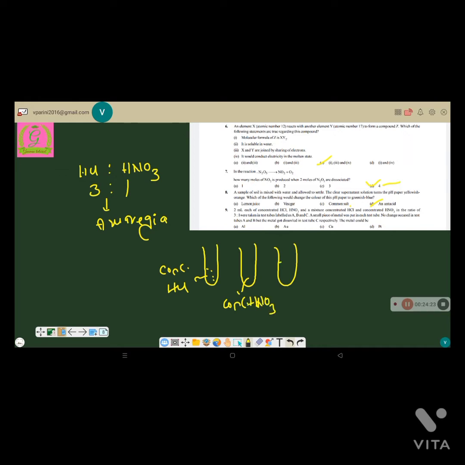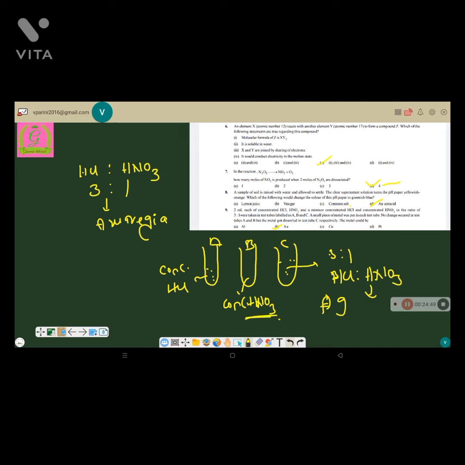In test tube C there is a mixture of 3:1 ratio of concentrated HCl to concentrated HNO3. This is called aqua regia. In aqua regia, gold is dissolved. So the answer is gold. Why only in C? Because gold is less reactive than hydrogen, so it cannot produce hydrogen. So there is no reaction in A and B. The only possibility is that it dissolves in aqua regia.